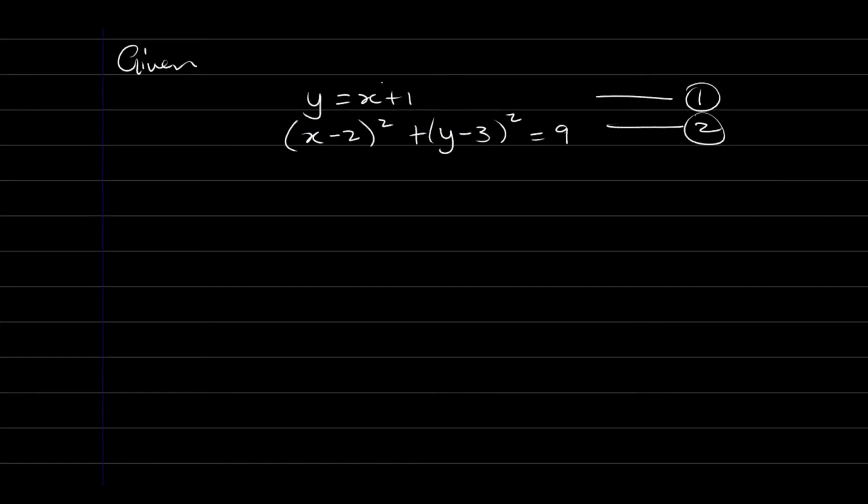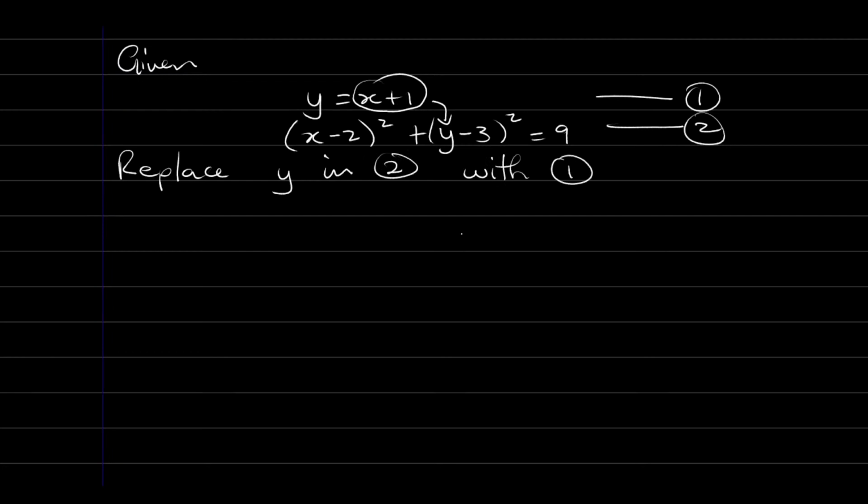So I'm going to take this here and substitute it here, because y is also equal to x plus 1. So replace y in 2 with the right hand side of 1.